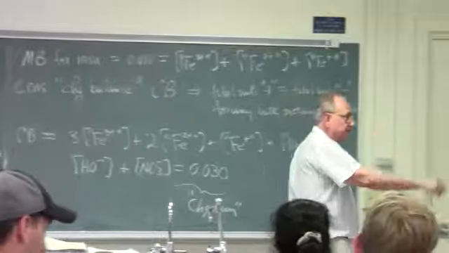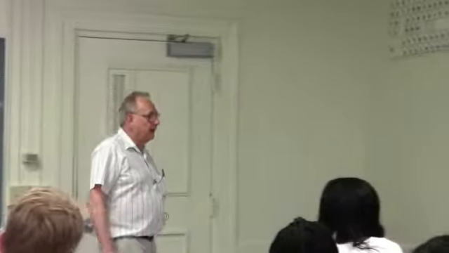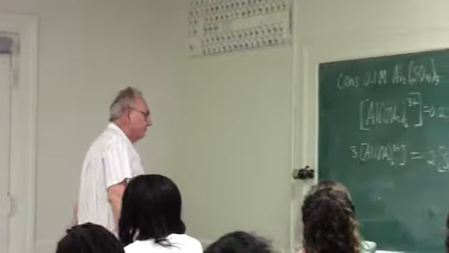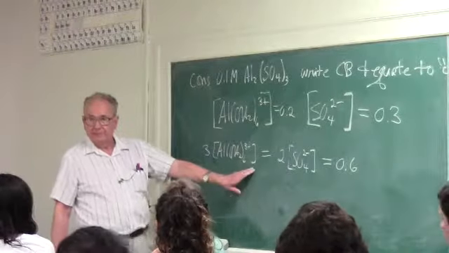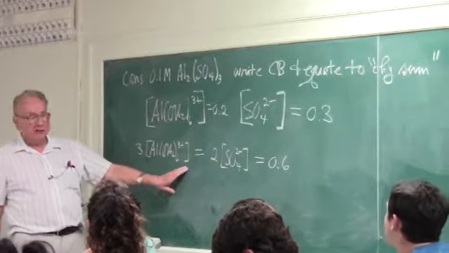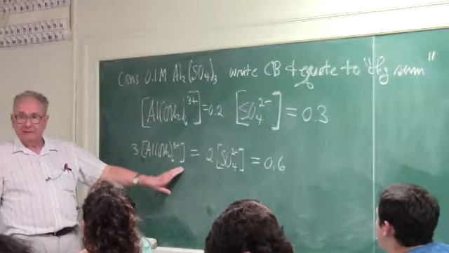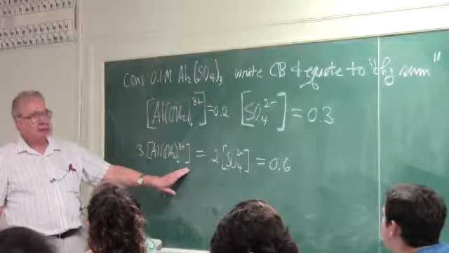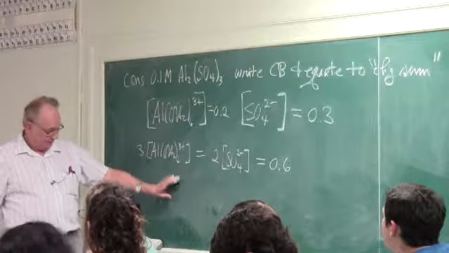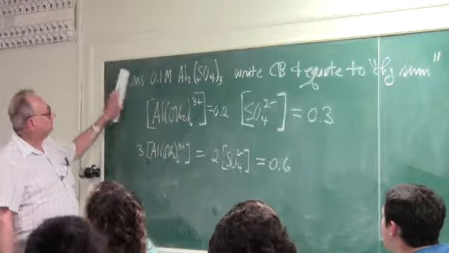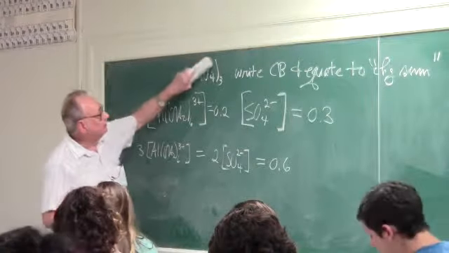For this solution, I want you to take this principal species charge balance equation, okay, and write a complete species charge balance equation. Okay? We'll put that up top so you can all see.